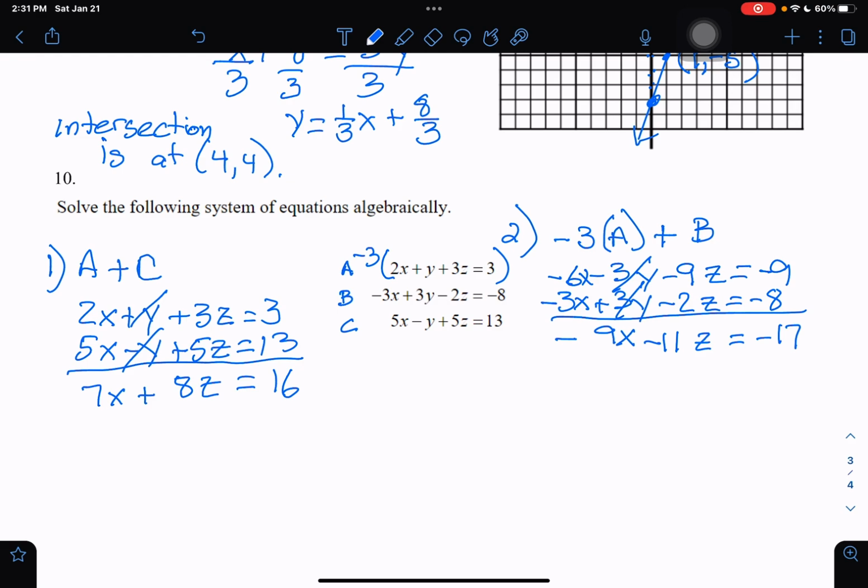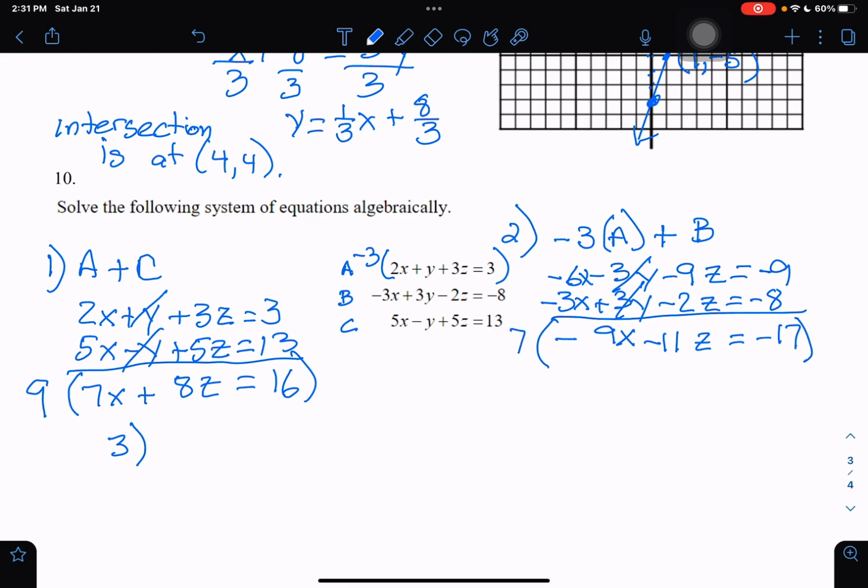Okay, and then it's your preference, because they're all opposite signs right now. My third step would be to multiply this equation by 9 and this equation by 7.